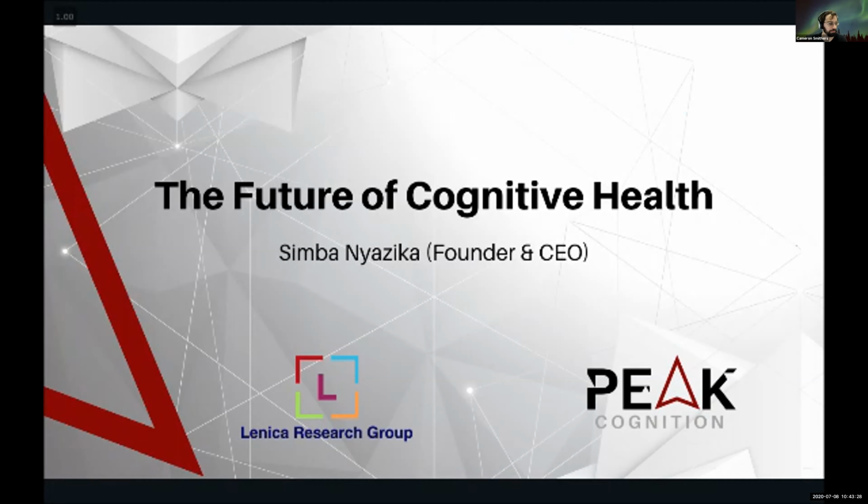My name is Simba, and I'm the founder and CEO of Lenica Research Group. The concept of our company was developed in order to improve cognitive assessment as well as cognitive training. Initially it was within athletes, but we've moved to both athletes and the healthcare space.